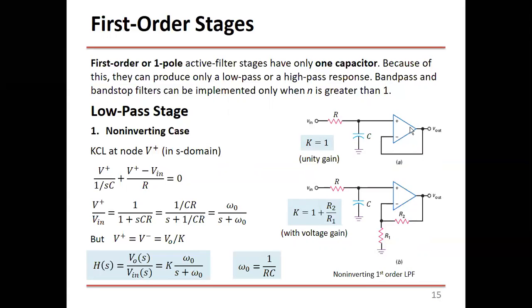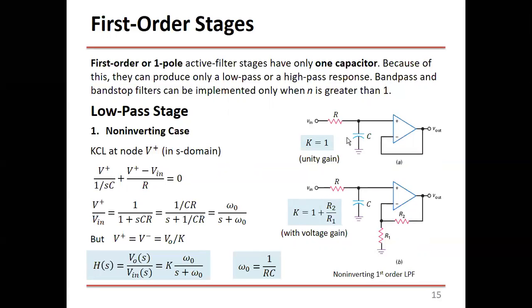The gain K of the amplifier here is 1 plus R2 over R1, as we studied in Electronics 1. So if you do KCL at this point, we call this V plus because it's connected to the plus, and this is Vn and this is V out.